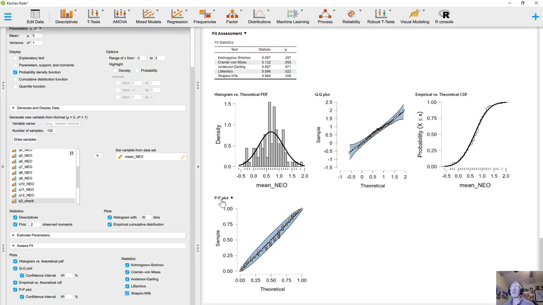This is called a PP plot, and the PP plot is a probability plot. It's basically asking, are the data points lining up on this cumulative distribution as they should probabilistically?